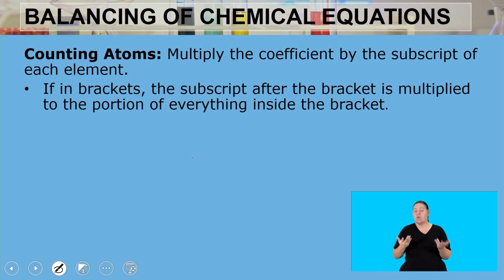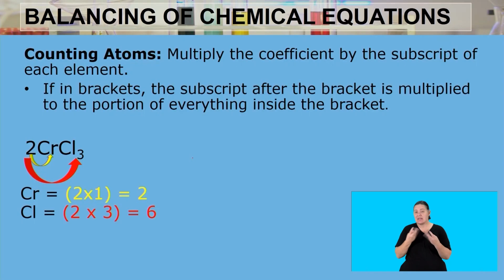Now, when we are counting the atoms, what do we do? When we are given such a chemical equation, we multiply the coefficient. Remember, the coefficient is the number written in front of the chemical symbol. We multiply the coefficient by the subscript of each element. So we are given 2CrCl3.